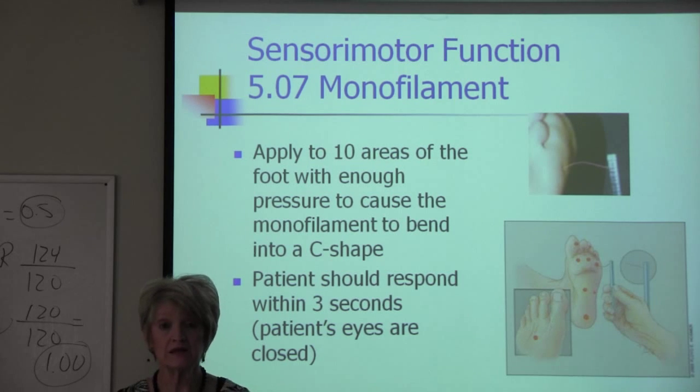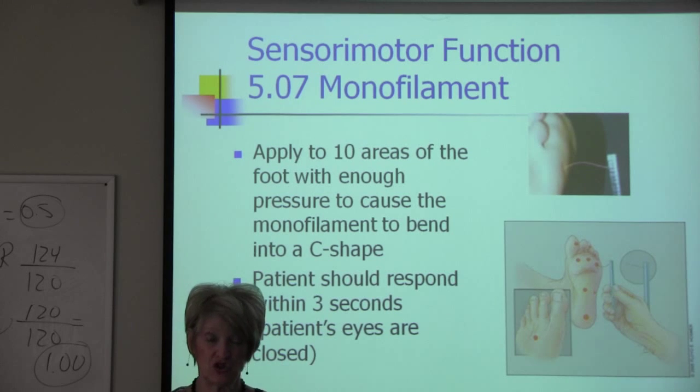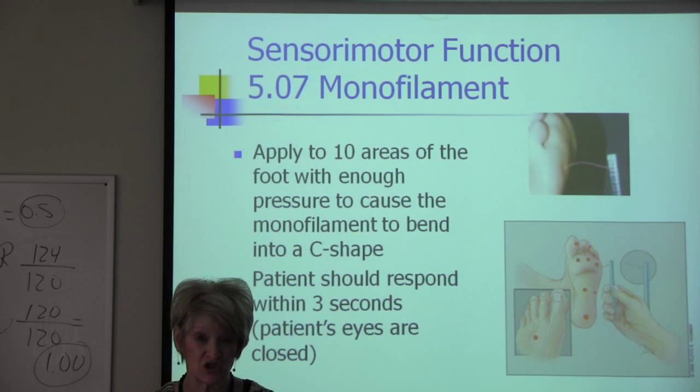Now let's talk about what loss of protective sensation means. What that means is that you are not going to know if you have a little pebble in your shoe. You're not going to know if your shoes are too tight. You're not going to know if the tops of your toes are rubbing against the tops of your shoes, because you have lost that protective sensation that normally helps us protect our feet.